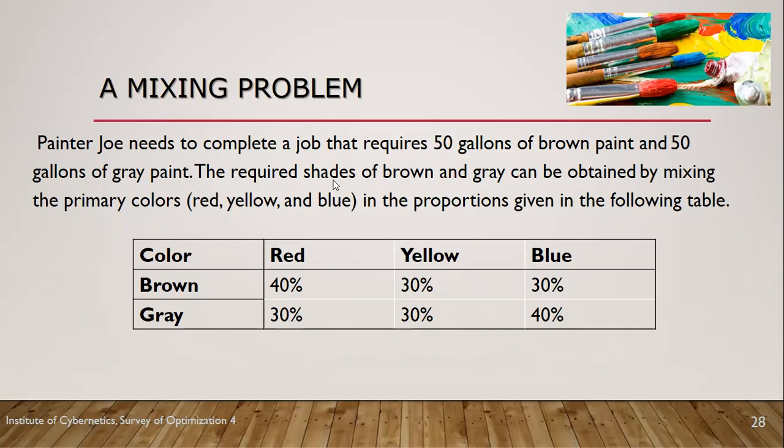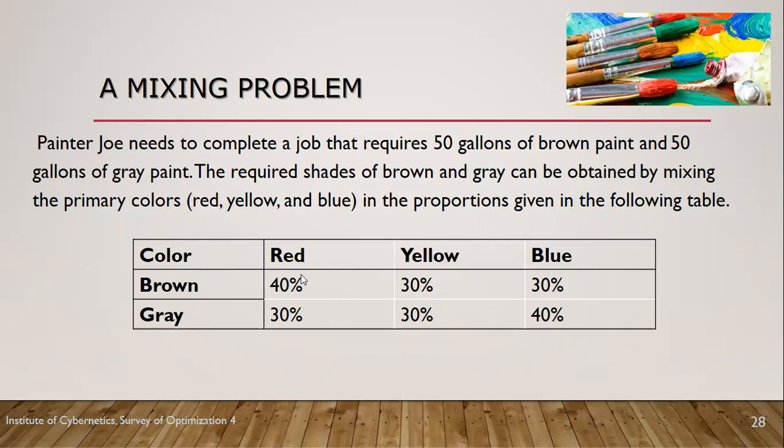The required shades of brown and gray can be obtained by mixing the primary colors, red, yellow, and blue, in the proportions given in the following table. But I want to really fix your attention here. He doesn't really have these shades. He needs to obtain them out of some other resources, in our case, out of primary colors, which are red, yellow, and blue.